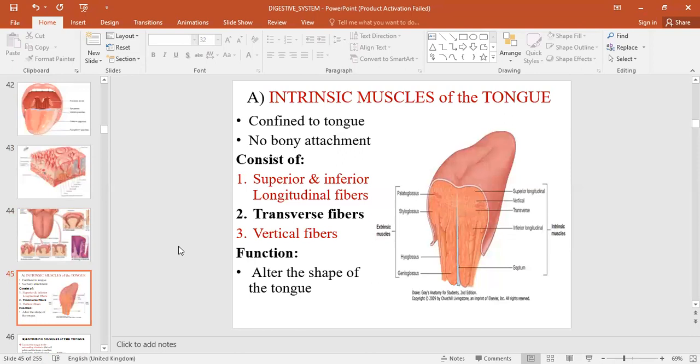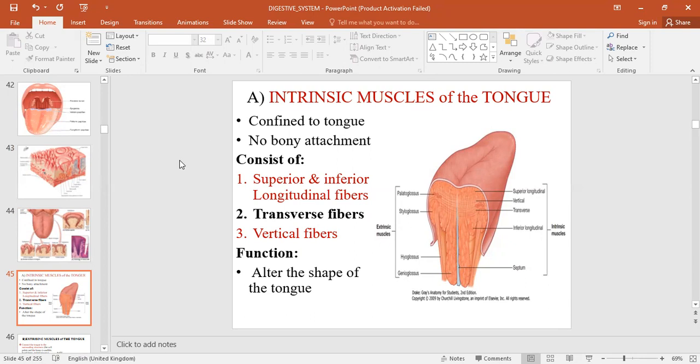There are two sets of muscles found in the tongue. Remember, I was saying the whole tongue is made up of skeletal muscle. There are those muscles that are found within the tongue, then we have those muscles that are entering into the tongue. Those found in the tongue, we call intrinsic muscles. Intrinsic meaning inside.